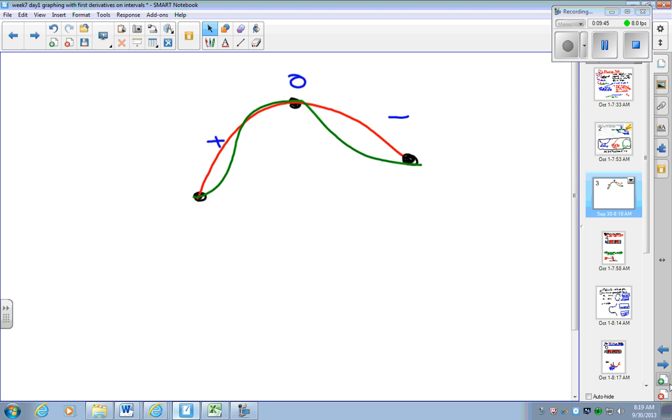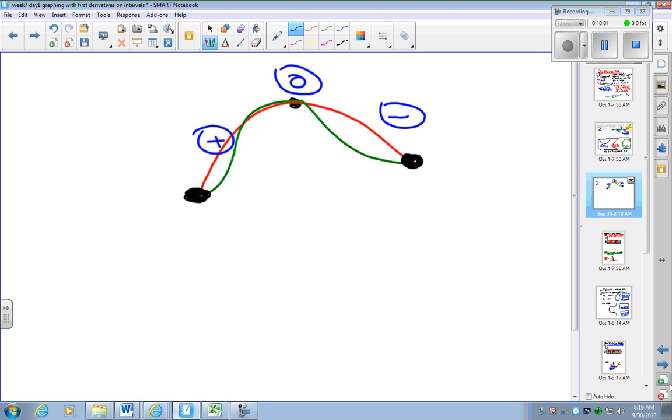By the way, before I dive into this, I just want to note here, anytime you're at an endpoint, okay? So right now I've already said that both of these are going up in this zone. They're both flat there. They're both negative there. At endpoints, this is very important.